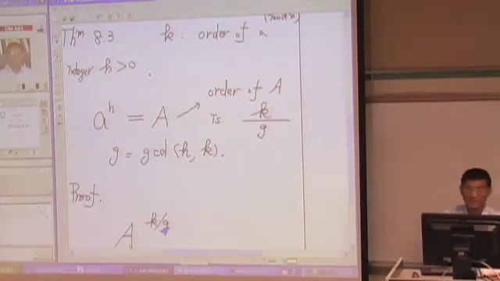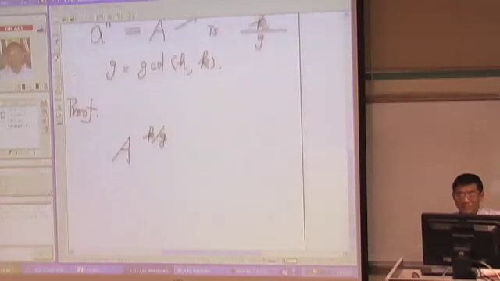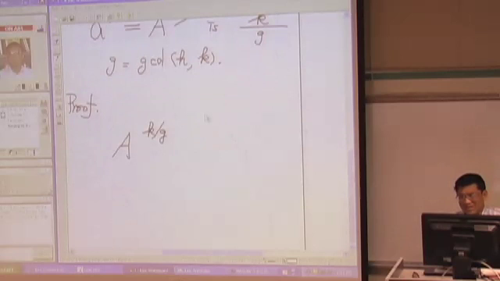So let's do it. Before doing it, I will define something. Instead of using fractions, I will define some numbers. I will say capital K is... because the GCD of H and K is G, I will say G times capital K is lowercase k, and G times capital H is lowercase h.